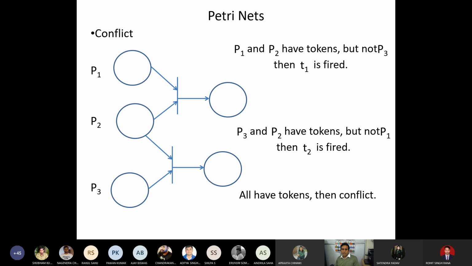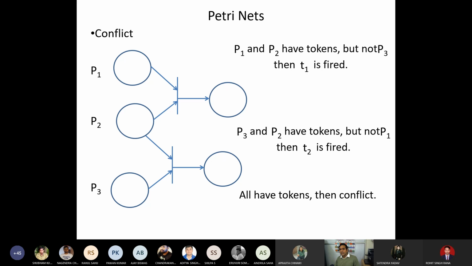For the first transition, you have P1 and P2 as input places. For the second transition, you have P2 and P3. Here the input place P2 is common for both transitions, T1 and T2.